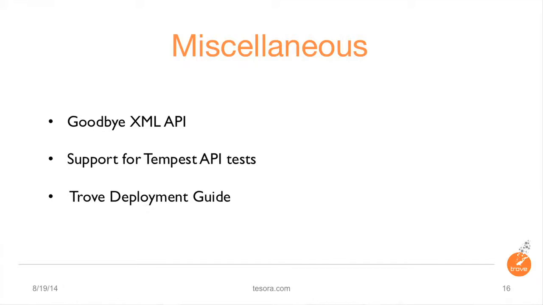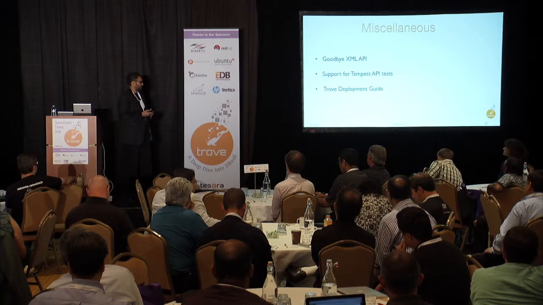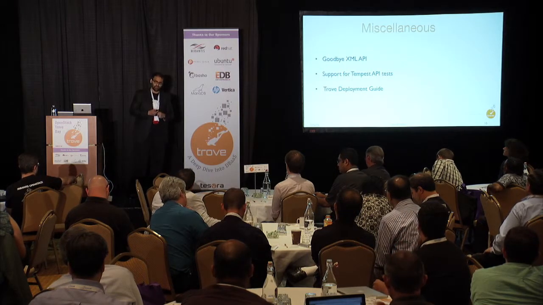So, other smaller things that happened in Icehouse for Trove, no more XML. So we supported an XML API, but nobody ever used it. So we decided that this was just unused code in the repos lying around, and so we got rid of it. We added support for Tempest API tests.